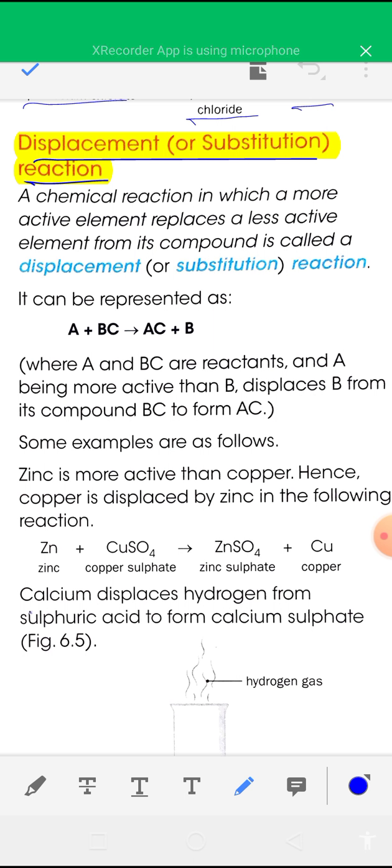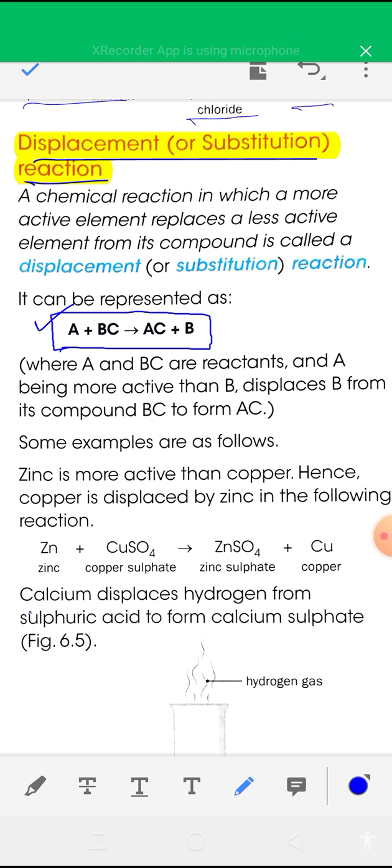It can be represented as A plus BC gives AC plus B, where A and BC are reactants and AC and B are products. Here A is more reactive than B, that is why A replaces B from BC.